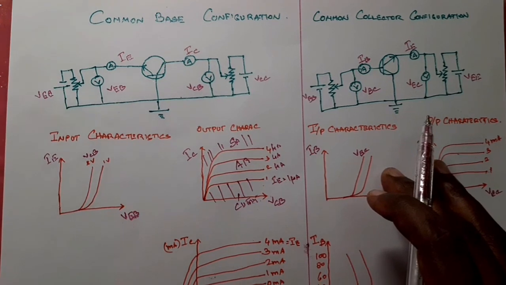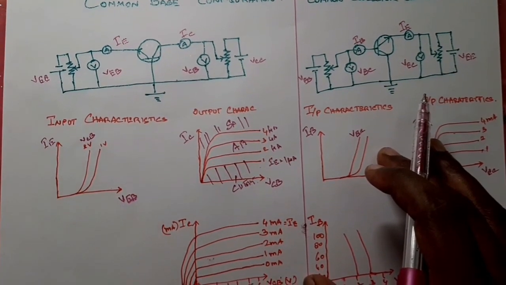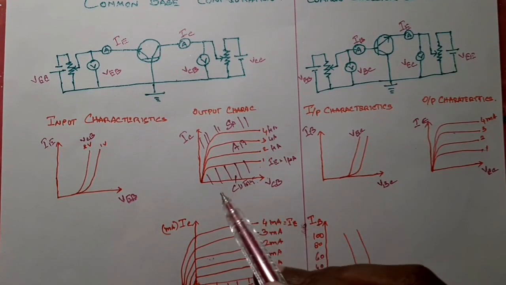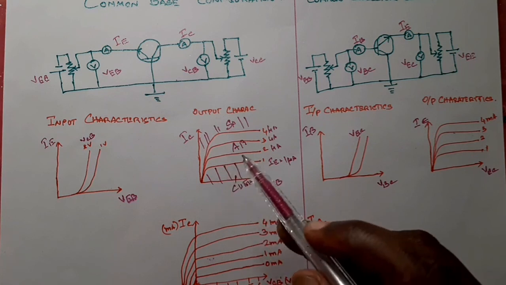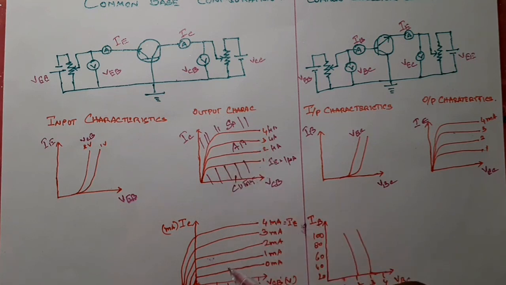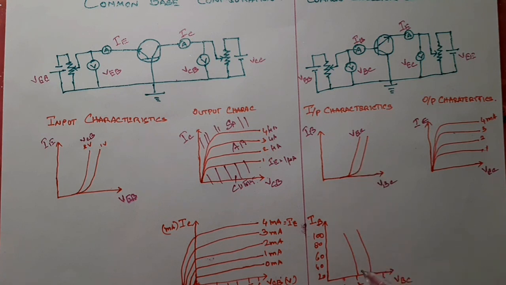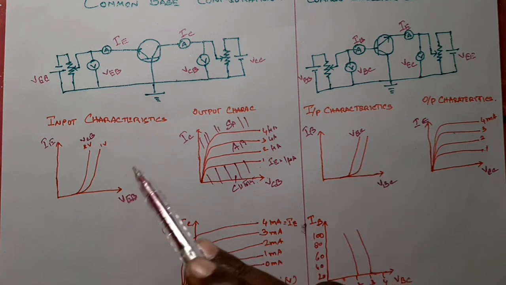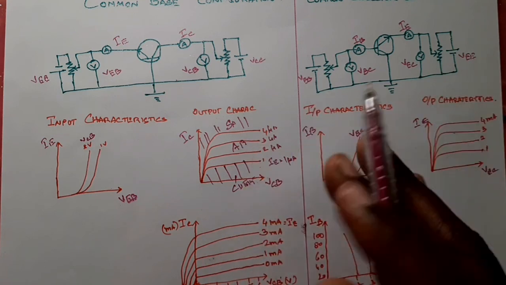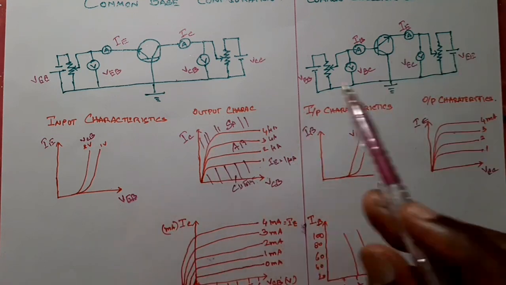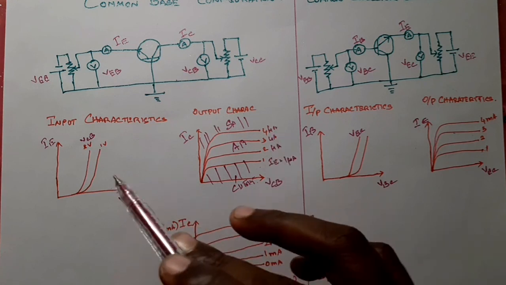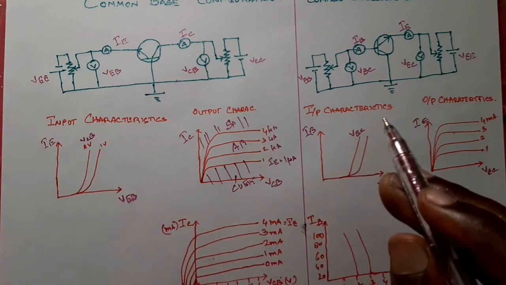But in reality there will be some small variation with respect to the real graph. This graph will be drawn this way, and this graph in common collector will be drawn this way. Except this, you can draw the same graph also, so nothing is badly wrong in drawing the same graph. If your parameters are all right, then you can get good marks.